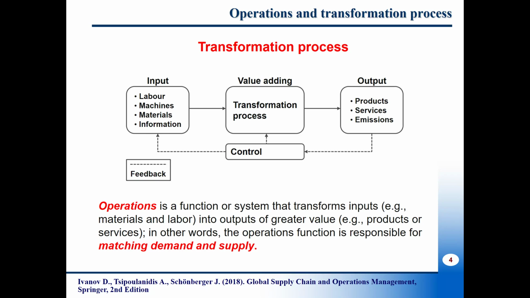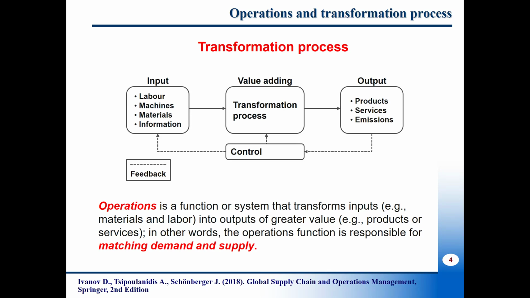After we have the feedback, we can again start increasing the efficiency of input utilization and also the efficiency of the transformation process to produce more outputs, and therefore we will have higher added value in terms of products, services, or emissions.